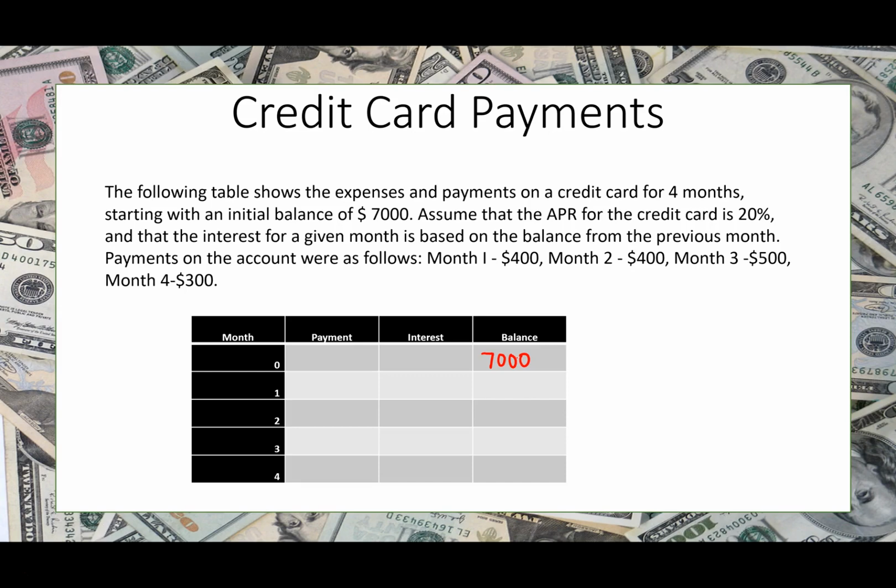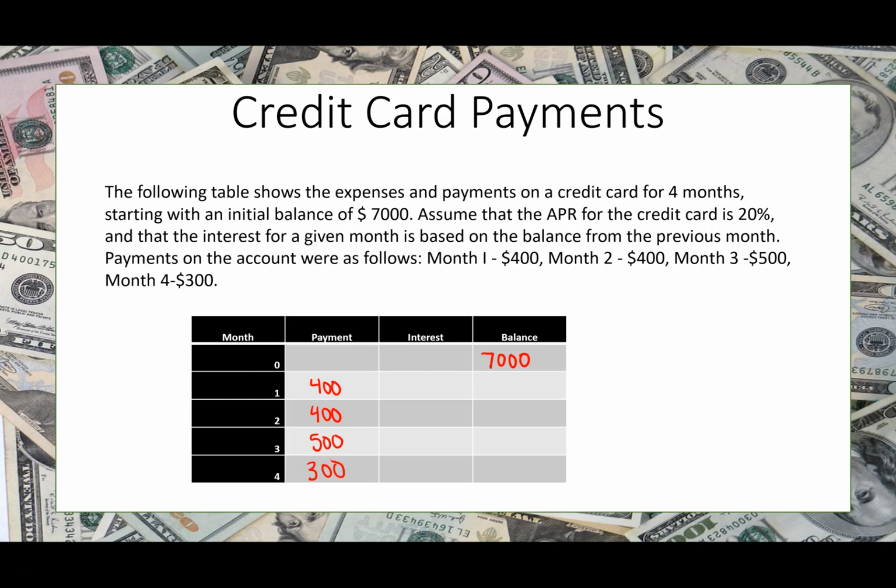Payments on the account were as follows. Month 1, 400. Month 2, 400. Month 3, 500. And month 4, 300. So this is your attempt to pay off your debt at $7,000.